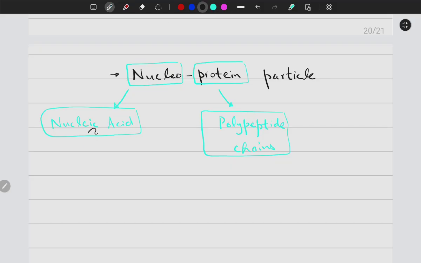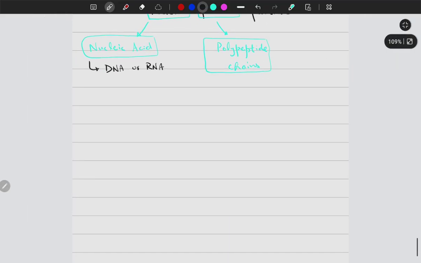Now, in terms of nucleic acids, it's either DNA or RNA, but it can never be both. So remember that. The nucleic acid, DNA or RNA, is also called the viral genome. It contains all the genetic information of viruses, right?